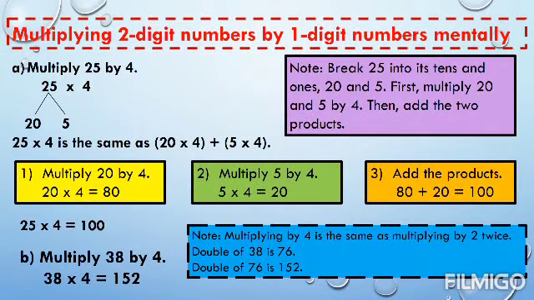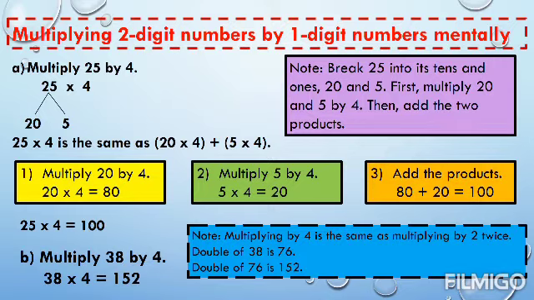In this slide, class, we'll be learning how to multiply two-digit numbers by one-digit numbers mentally. I just want to let you know that there are three ways or techniques in finding the products. Now I will use examples to introduce those techniques.